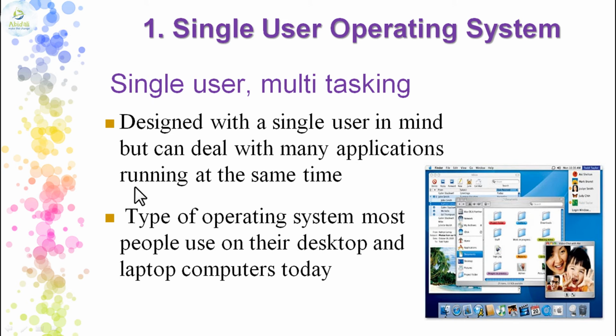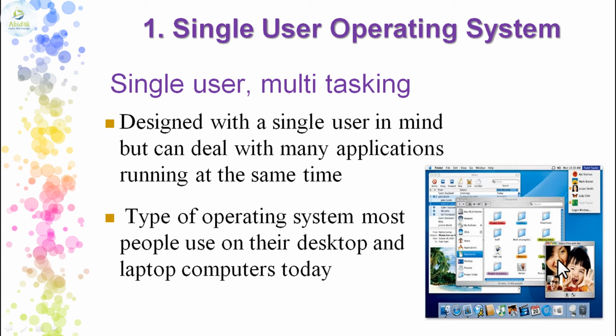The next classification under the single user operating system is designed with only a single user in mind, but it can now perform multiple tasks. So it is single user multitasking, designed with a single user in mind, but it can deal with many applications running at the same time. That is called multitasking. Now you have access to this image which you can see here.